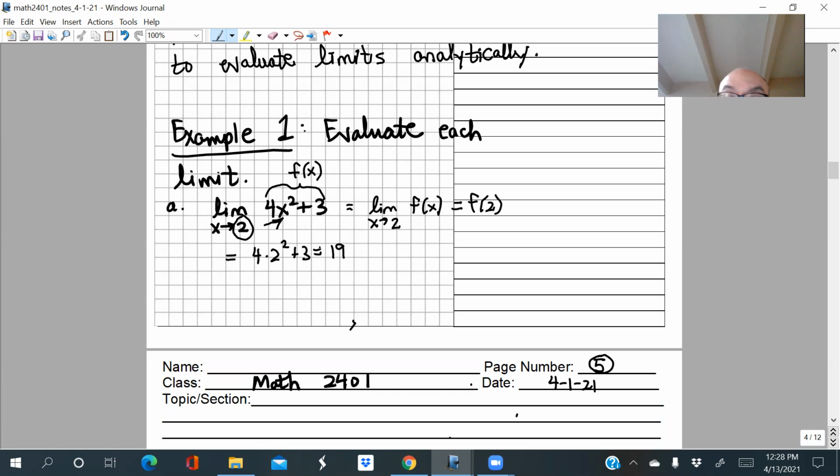You just have to substitute the limit value into the expression and do the arithmetic, and there you've got it. So continuous functions are going to make limits a lot easier to compute. And fortunately, as I mentioned, most of the functions that we're working with in the class are going to be continuous functions, so they're going to make our work in evaluating limits a lot easier.